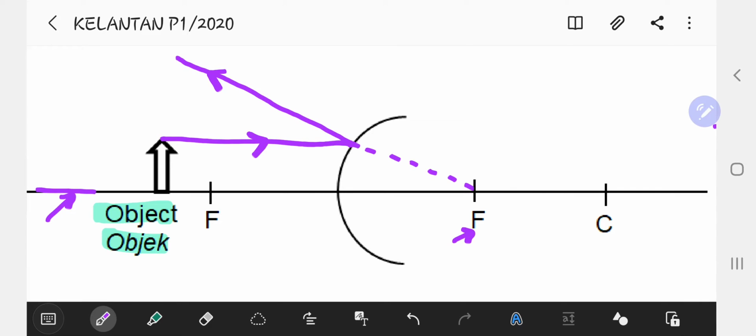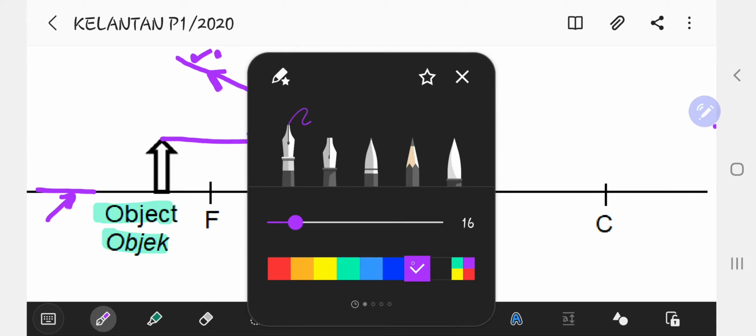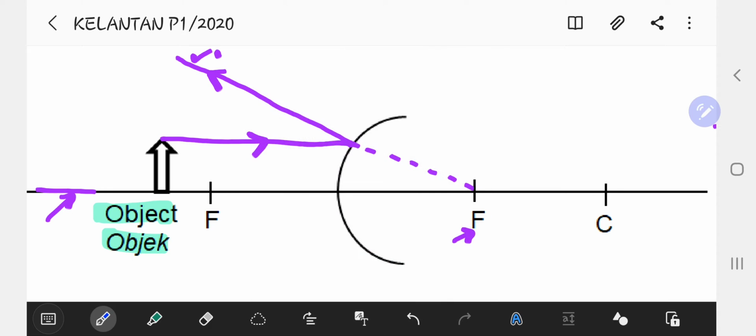So if you are drawing a ray diagram, this will be your first mark, markah pertama. Your second mark will be the second ray. I change color. The second ray you draw from the head of the object to the center of curvature here. You put a ruler at this point and the head.